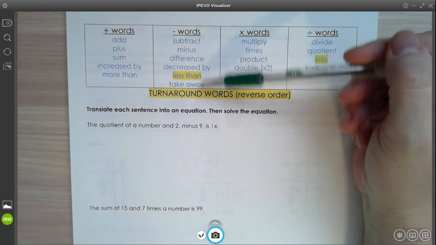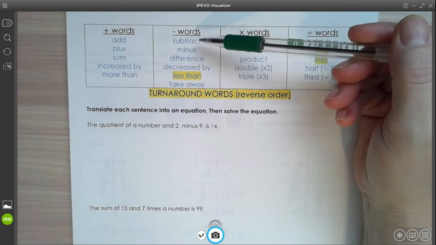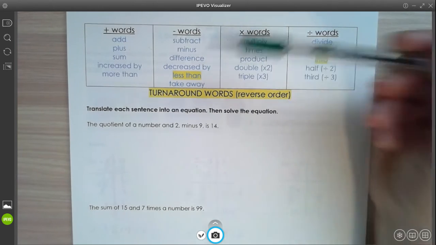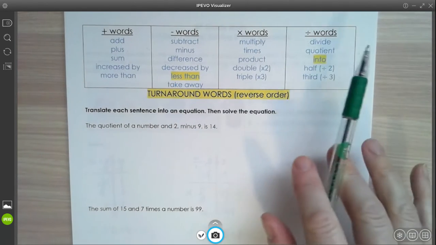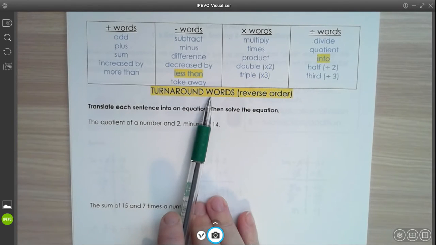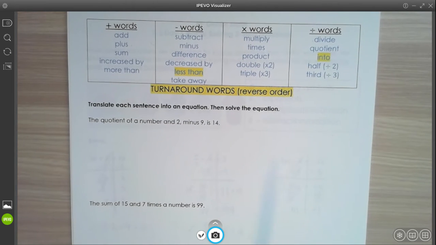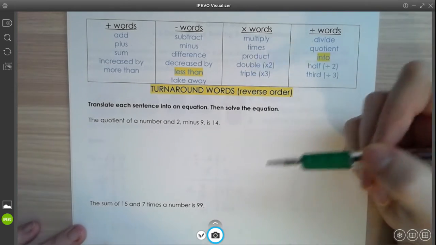So with all the words that aren't highlighted, you're just going to put the numbers in the order that it says in the problem. But if it's one of the highlighted words like less than or into, those are what I call turnaround words. And we have to reverse the order of the words in the sentence, okay? I'll do an example of a problem like that in just a minute.